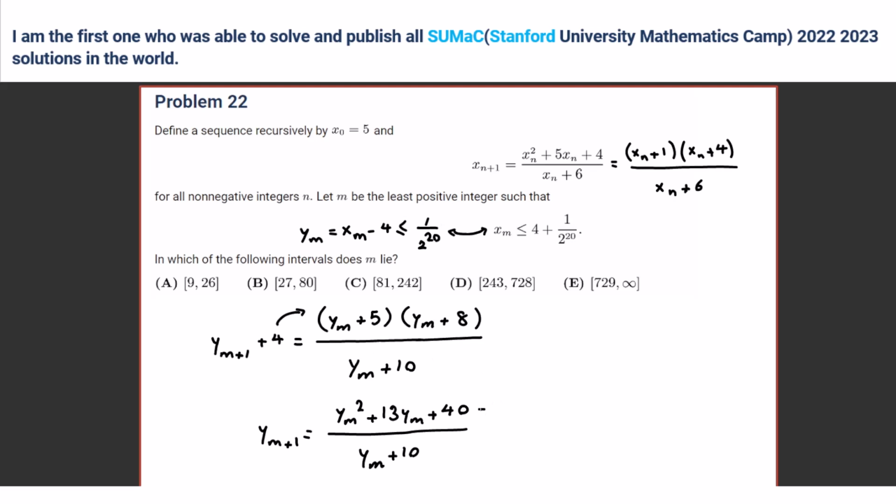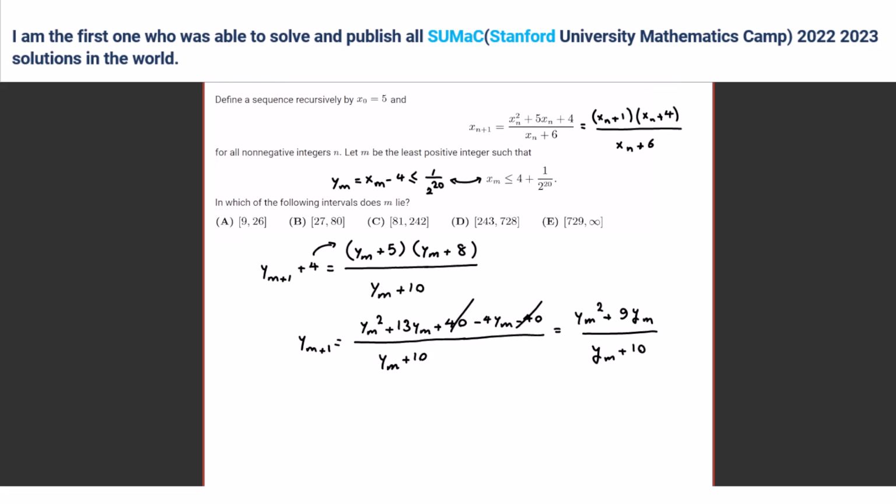So we can cancel the 40, and y_m squared plus 9y_m over y_m plus 10 remains. This is a bit better, and you can say y_{m+1} is y_m times (y_m plus 9) over (y_m plus 10), right?